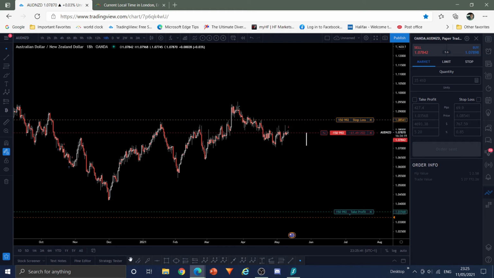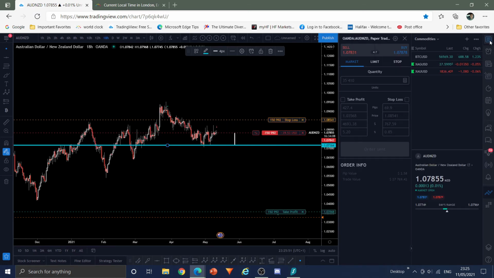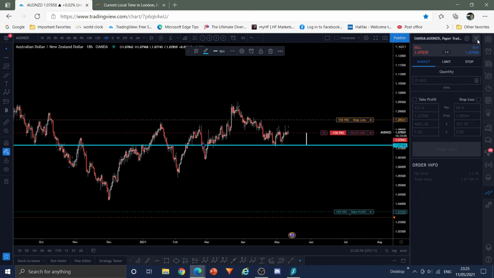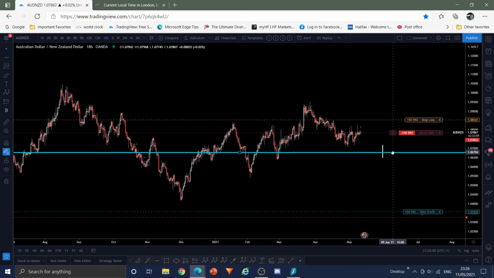There's the first bar. The distance between here and here is represented here. So let me just drop in that horizontal line. And then let's just bring that vertical line down. And let's pull this down.